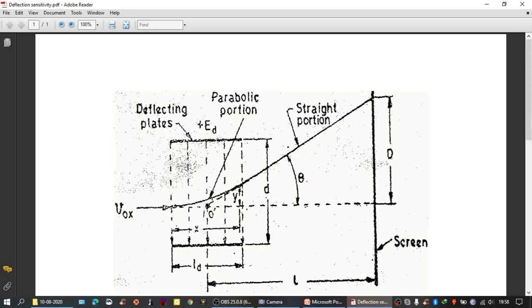Here you please see that the length of the deflecting plates is LD, and the distance between the two plates is small d. So the two vertical deflection plates are mounted horizontally at a distance of d centimeters, and the length of the deflection plates is LD centimeters.